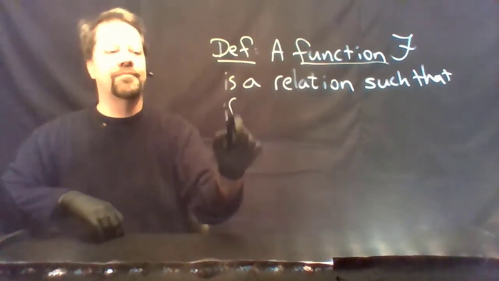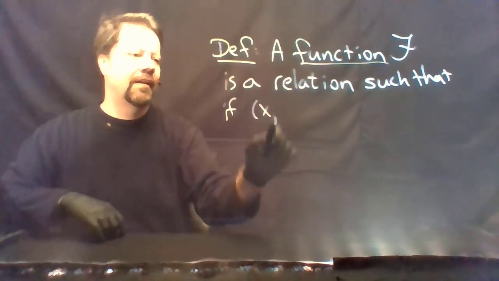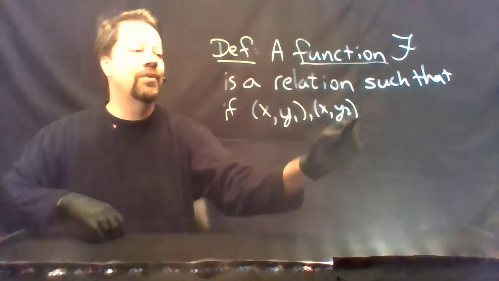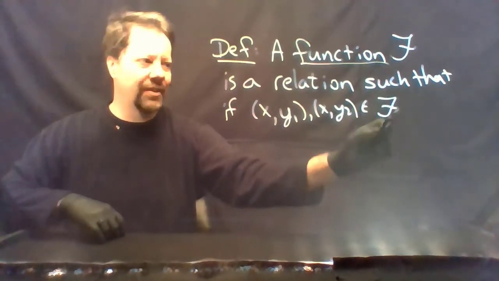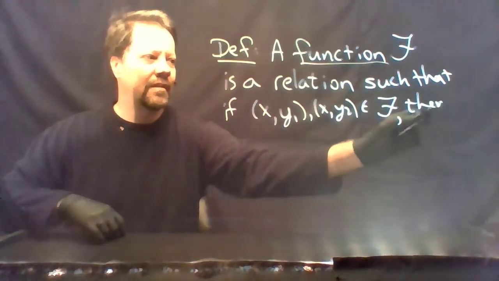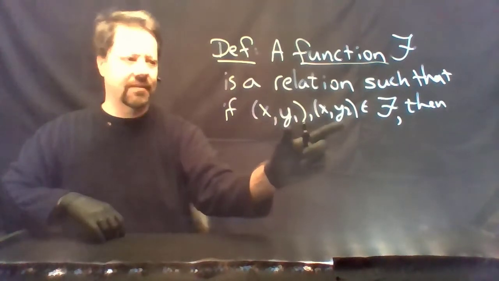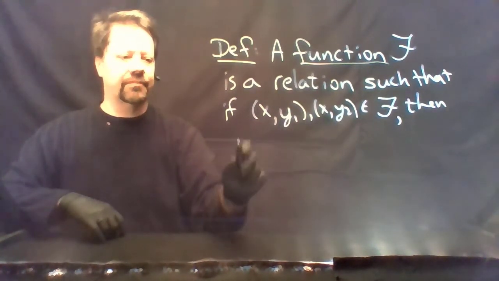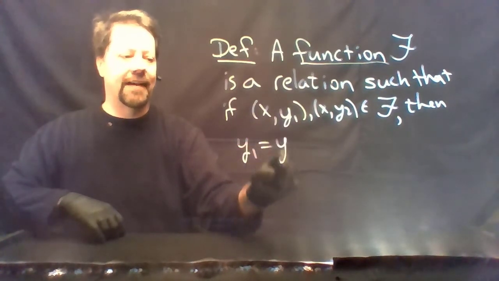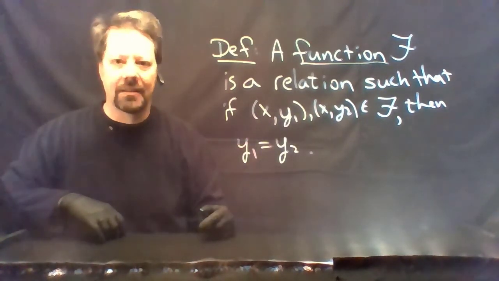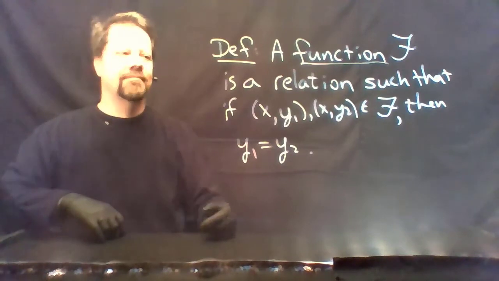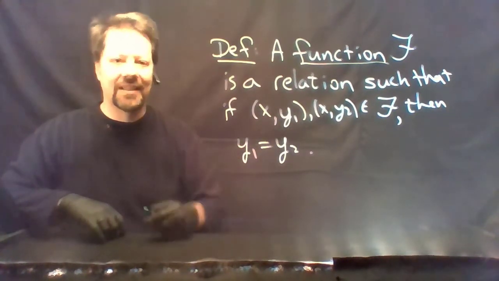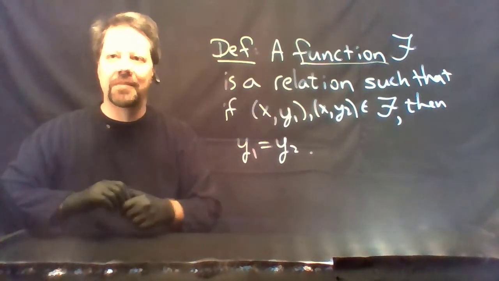Such that if (x, y1) and (x, y2) are elements of that relation, so if you have 2 points with potentially distinct y values, the y values in fact must be the same. They can't be different. This is the vertical line test written down in kind of a concrete form.